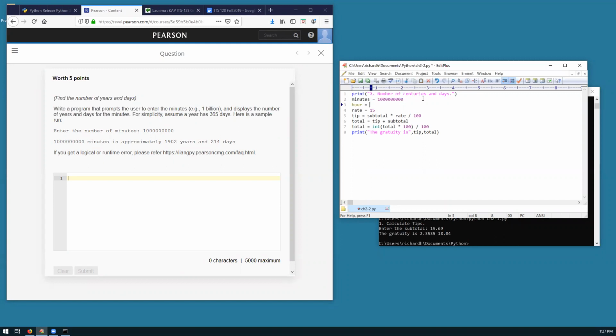No, 60. Divided by 60. So that's how many hours there are. And then how many days are there? That'd be days equals hours divided by 24. And years equals days divided by 365.